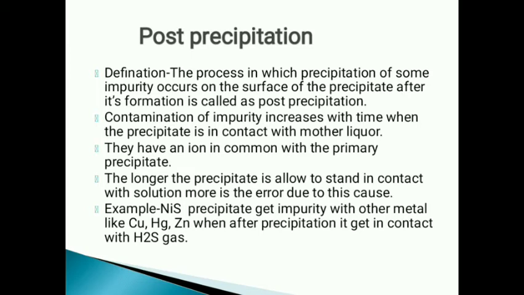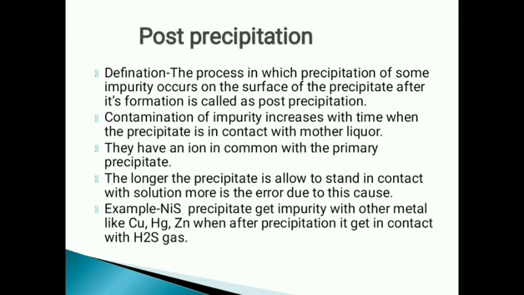Contamination of the impurity increases with the time when the precipitate is in contact with the mother liquor. How long our precipitate is in contact with the mother liquor plays an important role in deciding the amount of post-precipitation. They have an ion in common with the primary precipitate.